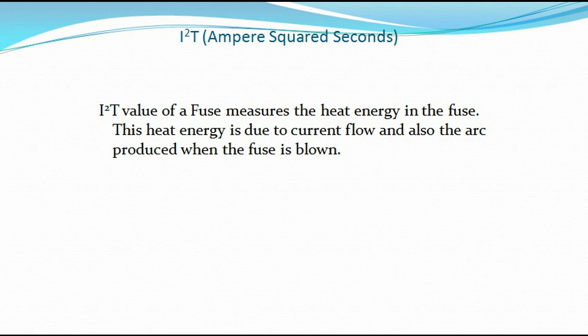Now, the ampere square second value of a fuse measures the heat energy in the fuse. I want you to understand something. This formula that you are seeing here is the one that measures the heat energy in that particular fuse.